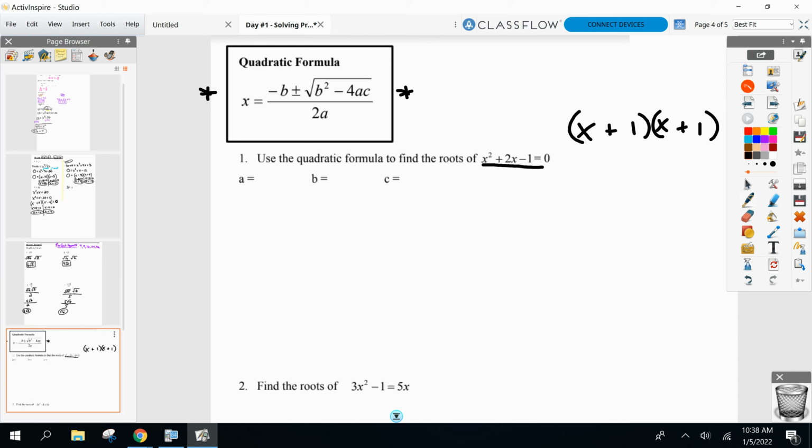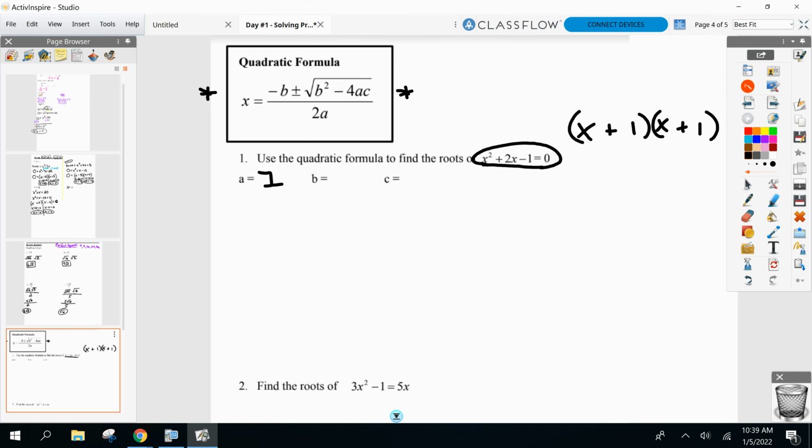All right, you will notice in the formula you have 3 variables, A, B, and C. Those numbers that you're going to plug in for A, B, and C, you get from your equation. The A value is the number in front of the squared term. So if I have x squared, what's the number out in front if nothing's there? So we say A equals 1. Your B value is the number in front of the x term.